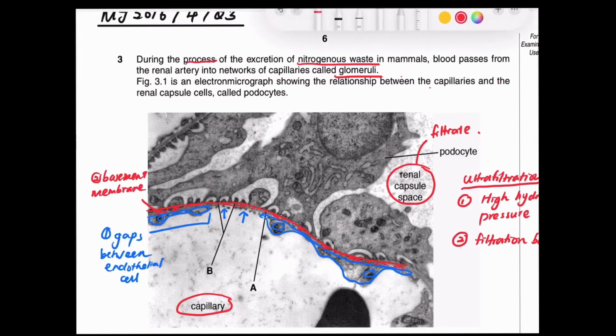And the third layer is actually part of the wall of the Bowman's capsule, where the cells of the Bowman's capsule are actually modified with finger-like projections known as foot processes, forming a cell known as podocyte.